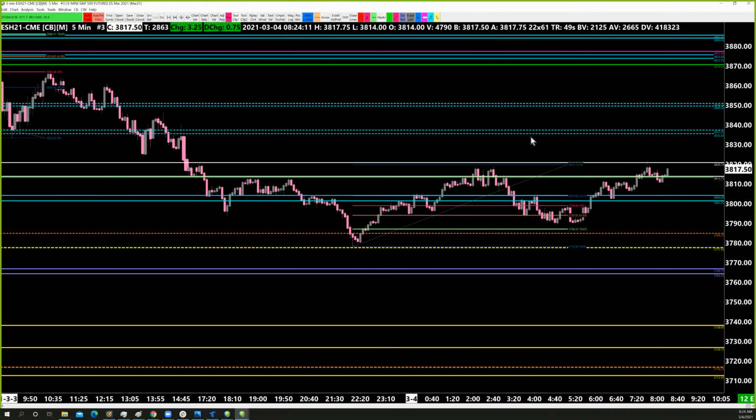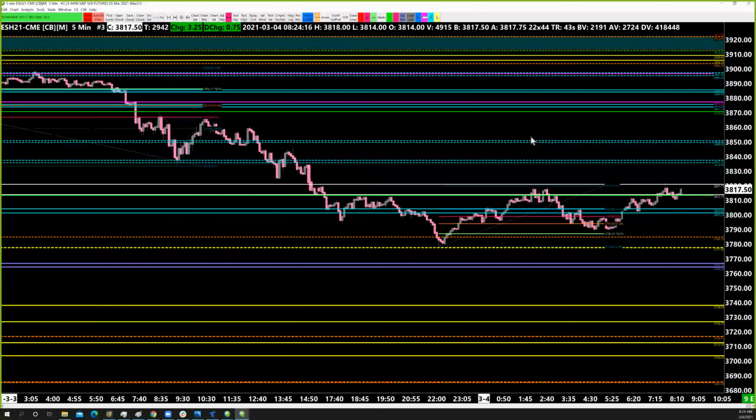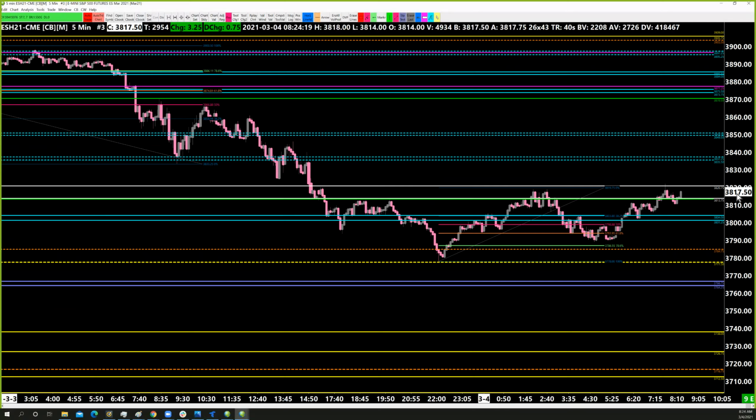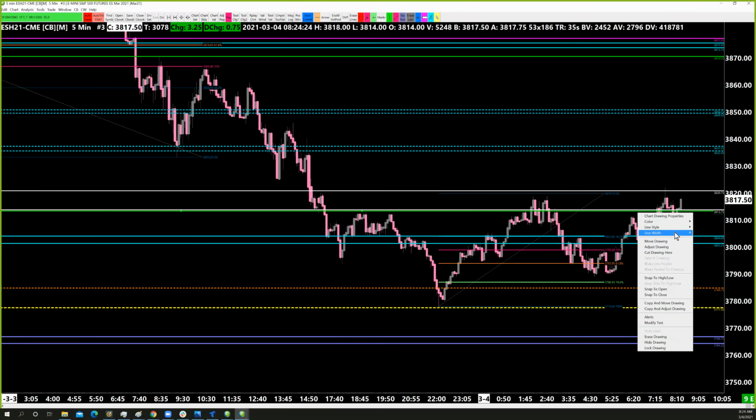okay, so this, right, if we look at this, this is right here, it's prior day's low. There's a white zone right above it, right? So I'm going to make this a little bit bigger so everyone can see it.